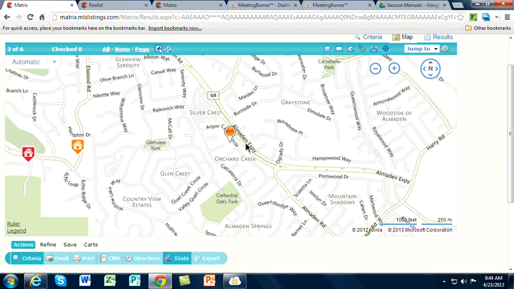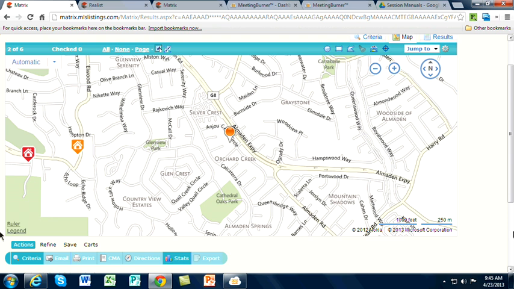So now, when I look at this, there are different ways of doing a search from here. One is what's called a radius search. The problem with that is that it's going to cross Almaden Expressway. Hampswood, by the way, are citation homes and other things. Notice I mentioned I used to farm what was called Woodside. See?